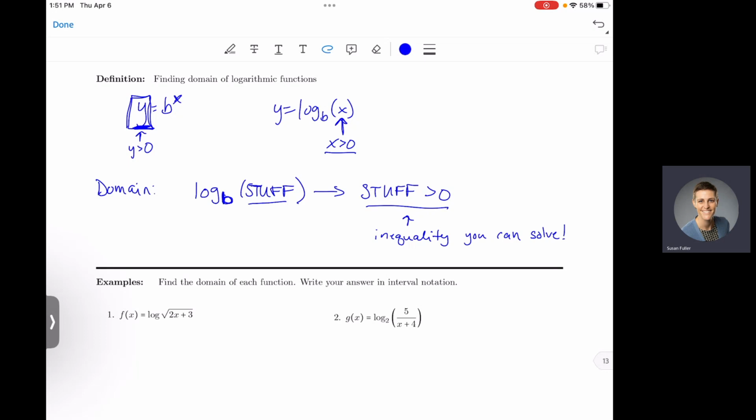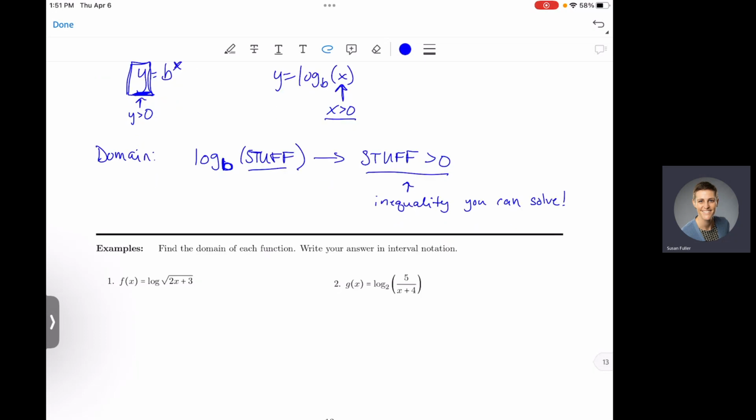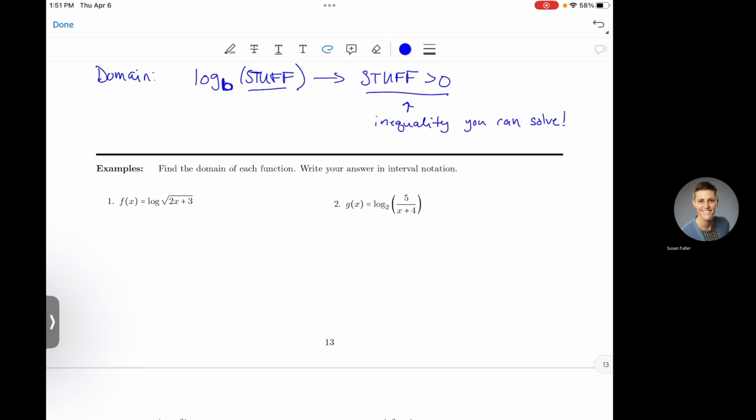Basically, when in doubt, I want you to solve the equation and put those things on a number line and test values. You can only use the inequality and solve it with an inequality if you have a linear inequality. Other than that, you are solving the equation, putting those solutions on a number line and testing some values.